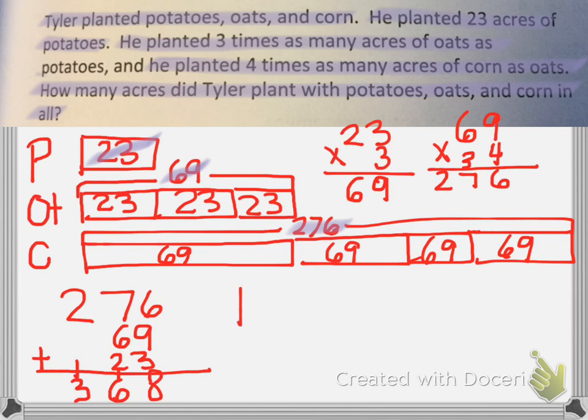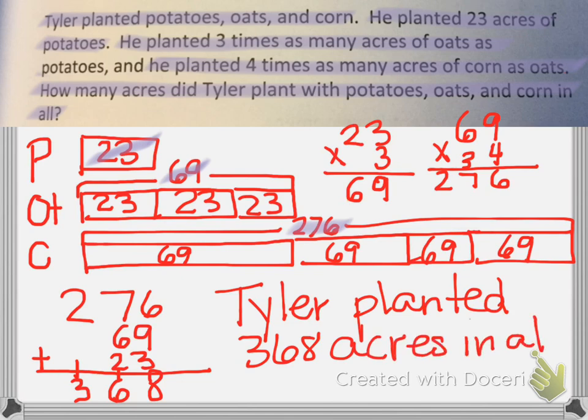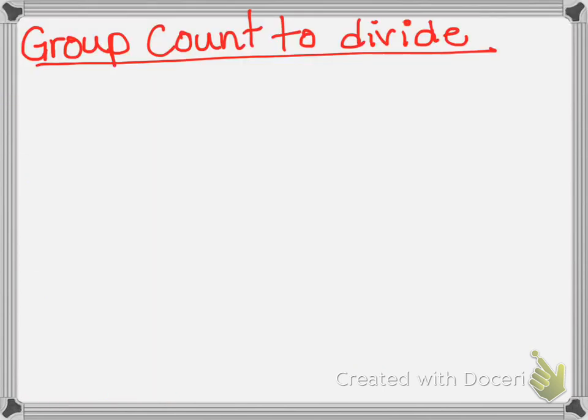Tyler planted 368 acres in all. Okay, so that was a lot of math. We did 3 steps. We had to multiply to find the oats, we had to multiply to find the acres of corn, and then we had to add all of the acres together. Nice job. Okay, let's move on.